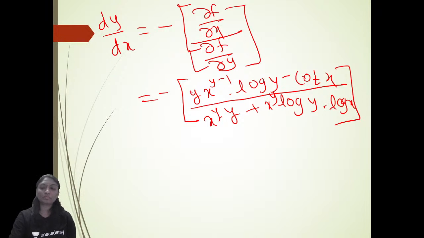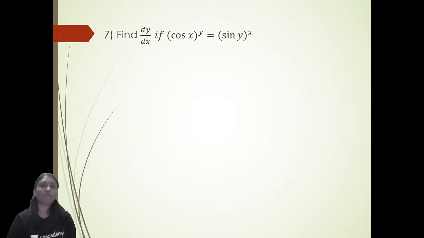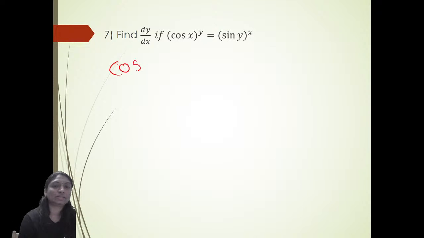Now next, find dy by dx if cos x raised to y is equal to sin y raised to x.